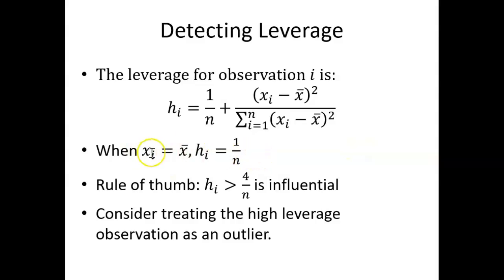Okay, and in this case, when the x value, the independent variable, is right at the mean, the leverage statistic is equal to 1 over n.